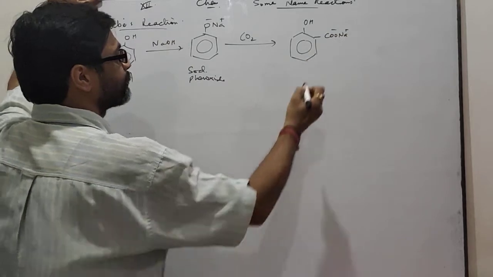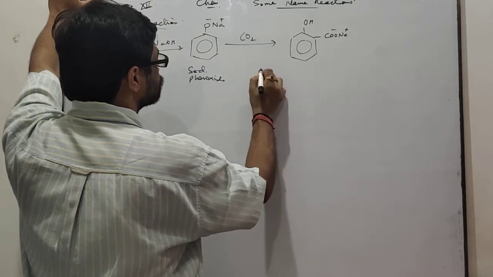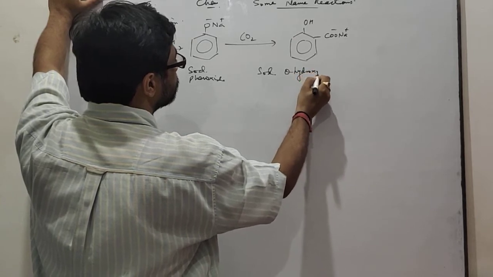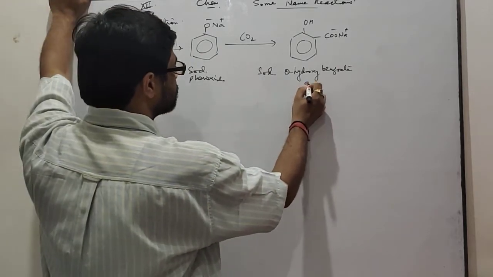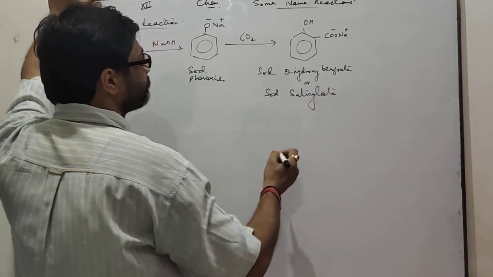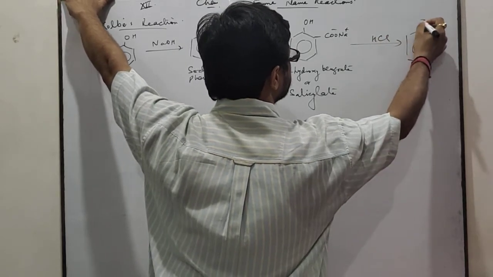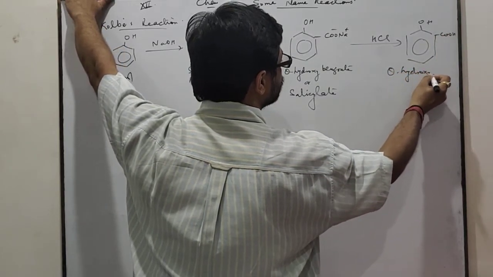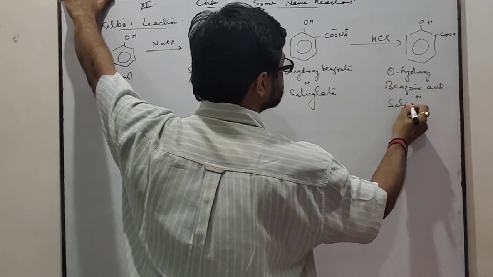OHCOONa in this way. This one is sodium orthohydroxy benzoate, or this compound is also known as sodium salicylate, and on acidification it forms salicylic acid, COOH, orthohydroxy benzoic acid, or you can say salicylic acid.